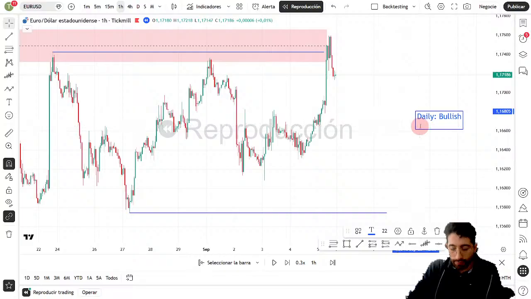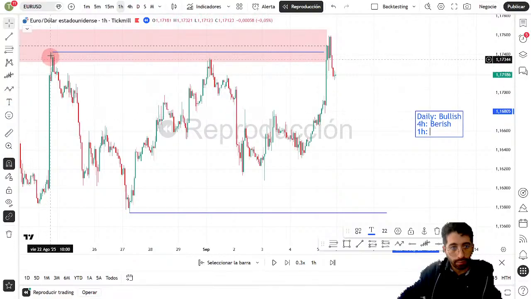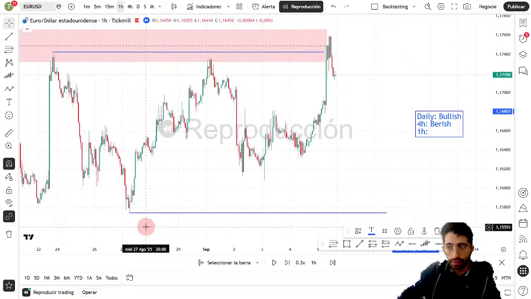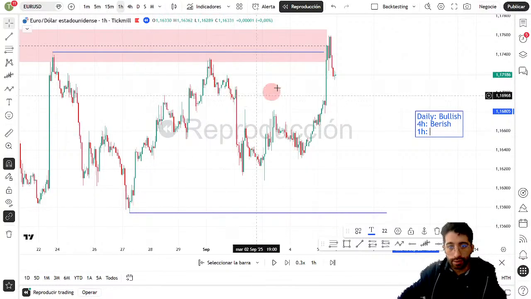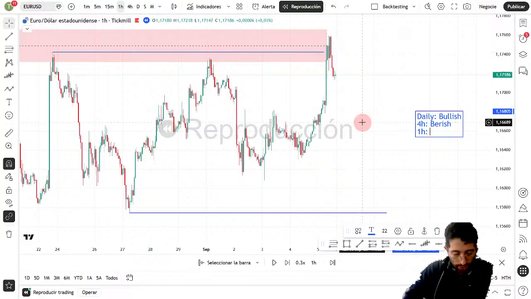In the 4 hour time frame we were bearish, and in the 1 hour time frame, as you can notice, we were bearish as well, because the price entered right here and kept pushing down, right? But after the break of the structure of this high, it has changed the direction and now it's bullish, right? A bullish trend.